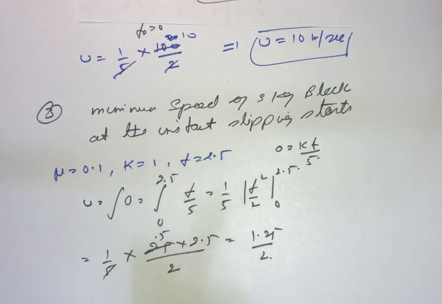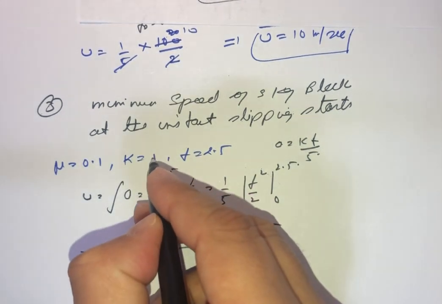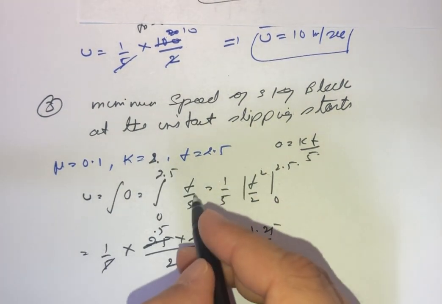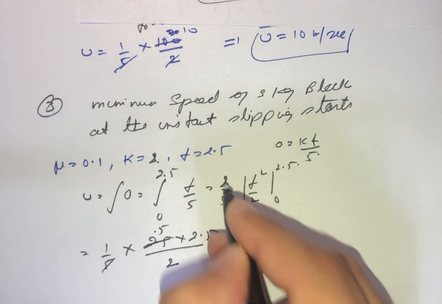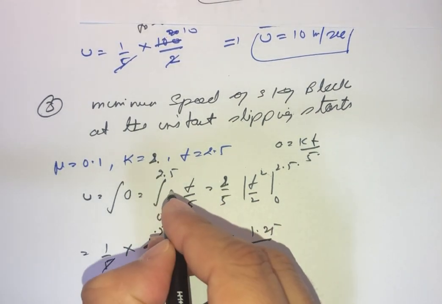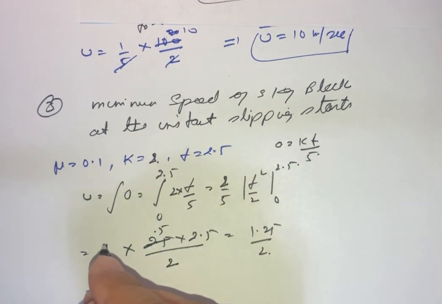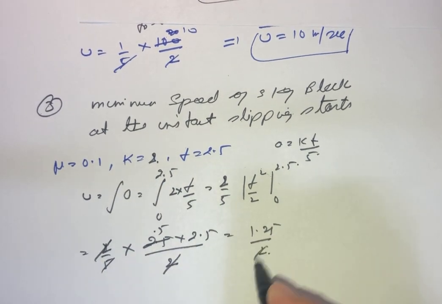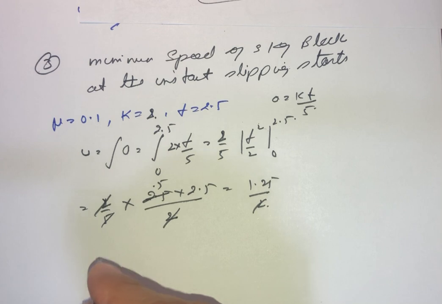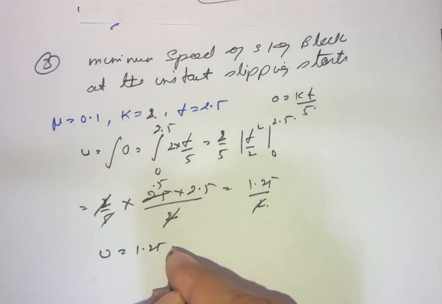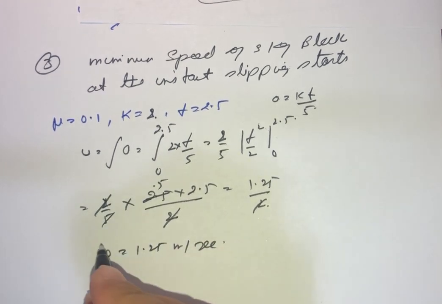Sorry, k is 2, my mistake, I missed it. So we get 2 by 5, and the 2 cancels with the 2, so velocity is equal to 1.25 meter per second.